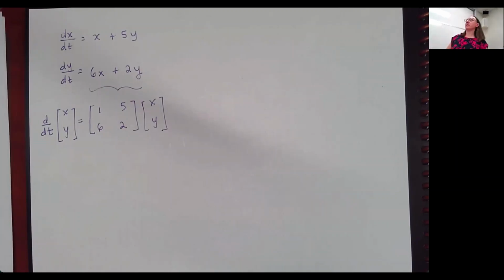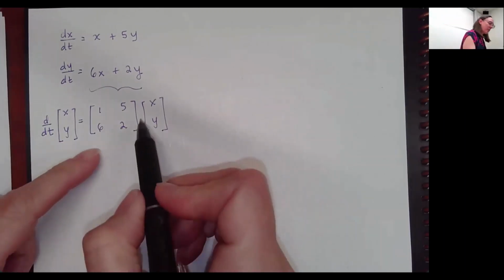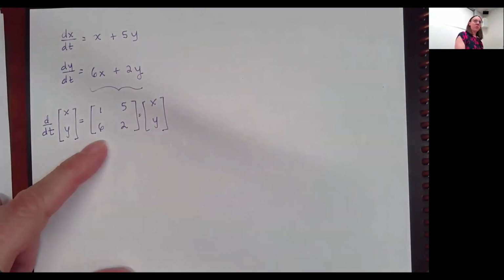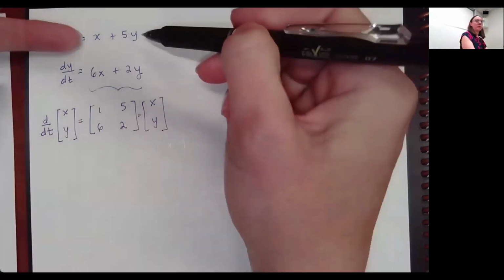Oh, question first. Can you explain how you get it set up like that, just conceptually? The left-hand side or the right-hand side? Both. Cool. So on the right-hand side, if I were to do this matrix multiplication out, I would get back to where we started.